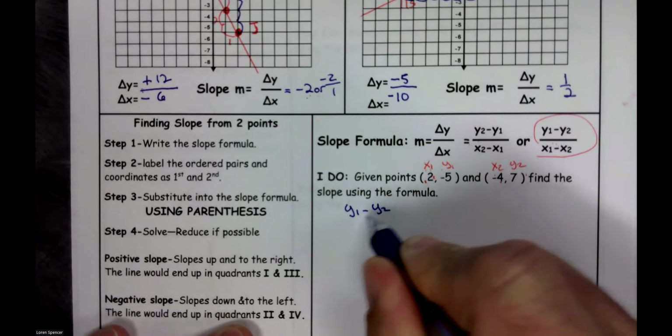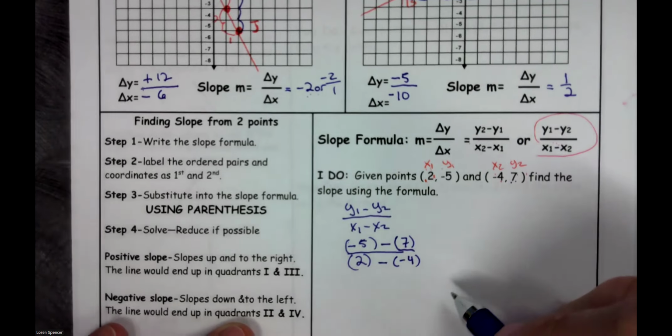I'm going to draw my fraction line, -5 in parentheses over 2, minus, in parentheses, I have to have y2, which is 7. I have a minus sign, and I plug in a -4.